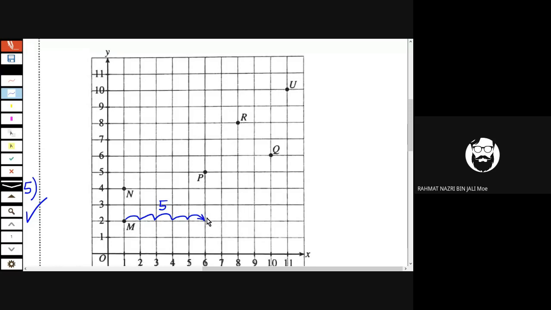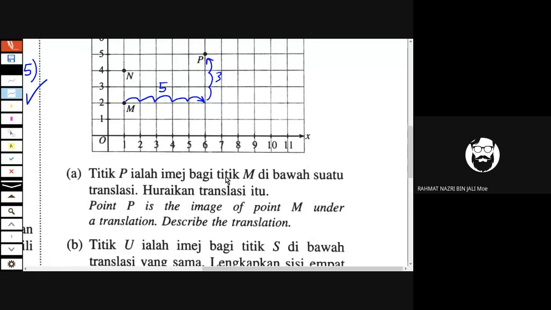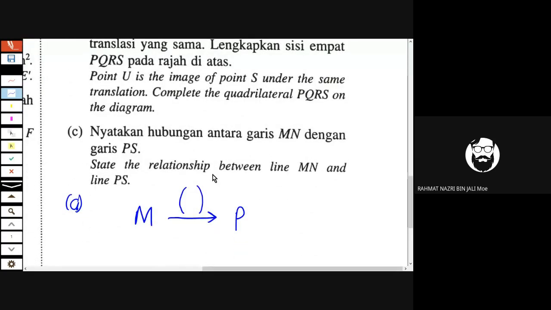Okay, and then going upward, 1, 2, 3. Positive 3. So lastly, we can say that the point P is the image of point M under the translation 5, 3.